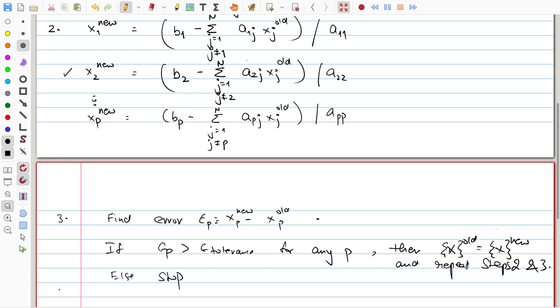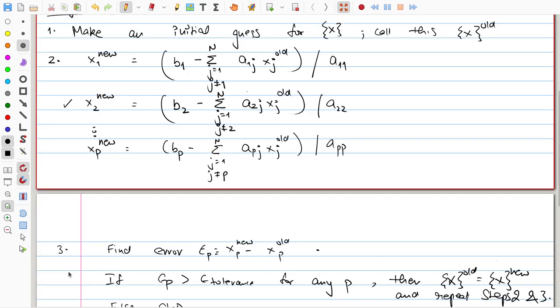So this is called the Jacobi method. The first step, step number 1, is to give a starting guess. The second step is called a sweep. You sweep through all the points. Step number 2 is one sweep.